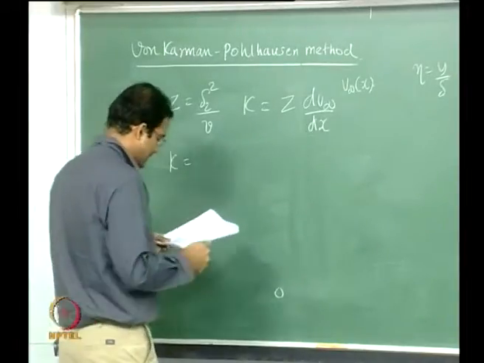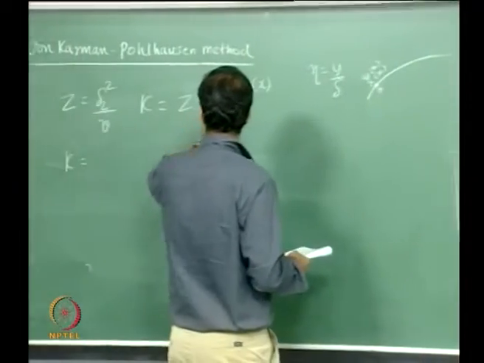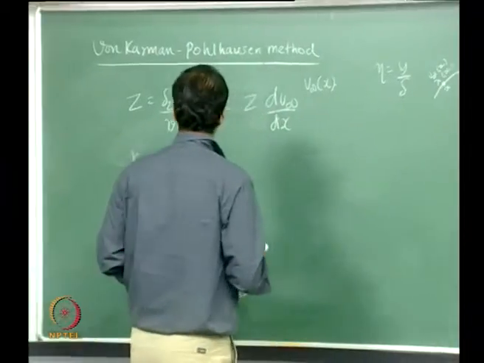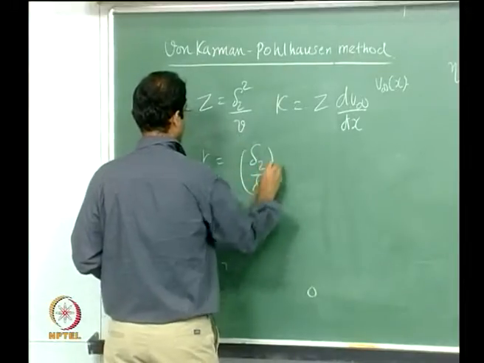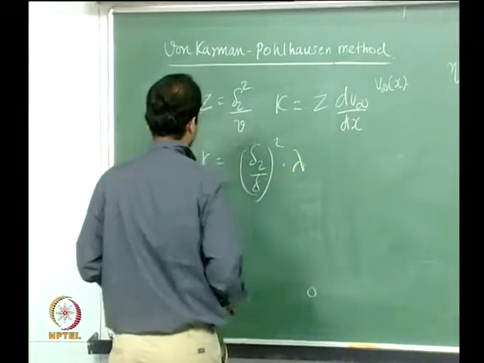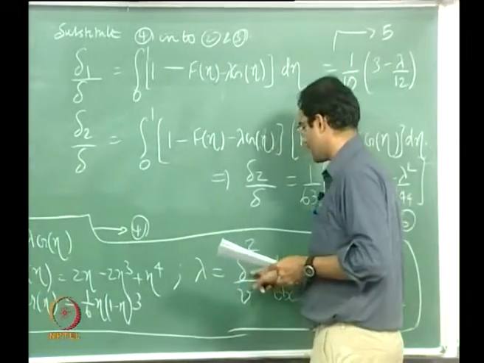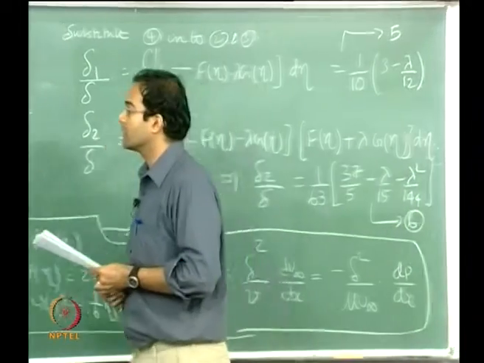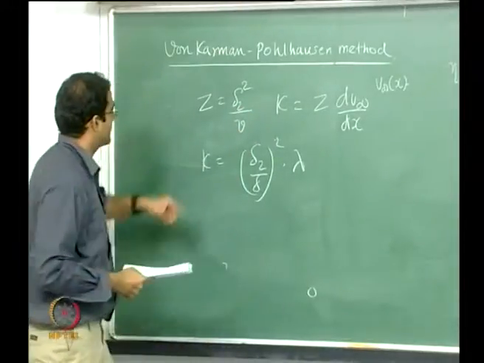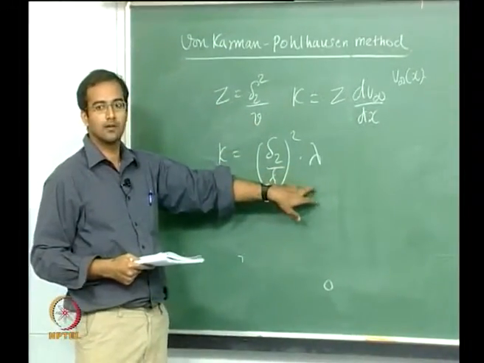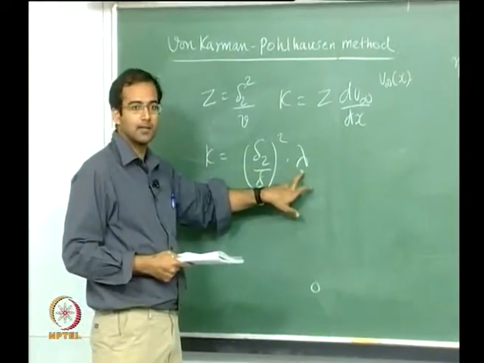Now I can rewrite this k in terms of delta 2 by delta the whole square into lambda, because this du infinity by dx I can write as lambda into nu by delta square. So already the z is delta 2 square by nu cancel, so you have delta 2 by delta the whole square into lambda. So therefore I can express my k in terms of lambda directly.